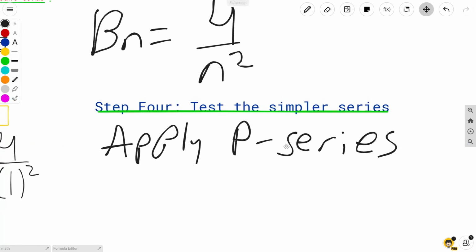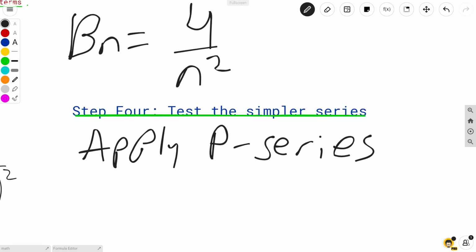So what is a p series? The formula of a p series is one divided by n raised to the p. In this case, we have 4 divided by n raised to the p, but we only really care about the p and the n. We don't really care about the constant.